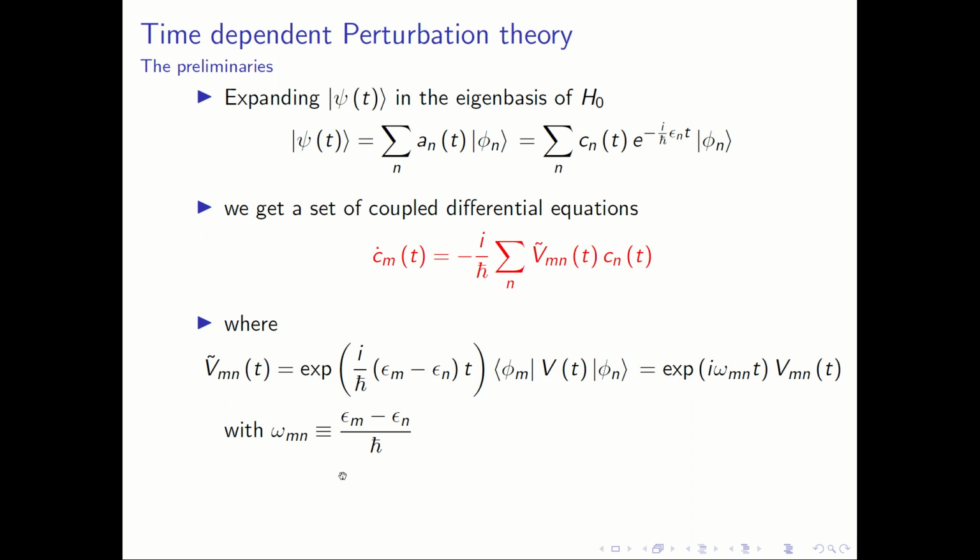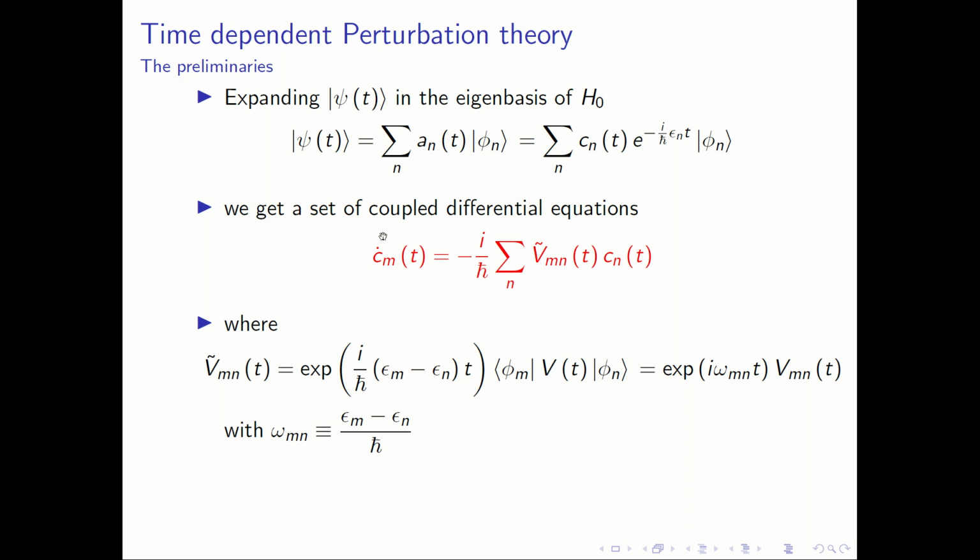Of course, from high school physics we all know a physical significance, quote unquote, for this omega_mn. If a transition were to occur between the states phi_m and phi_n, the photon that would be produced as a result would have frequency omega_mn.